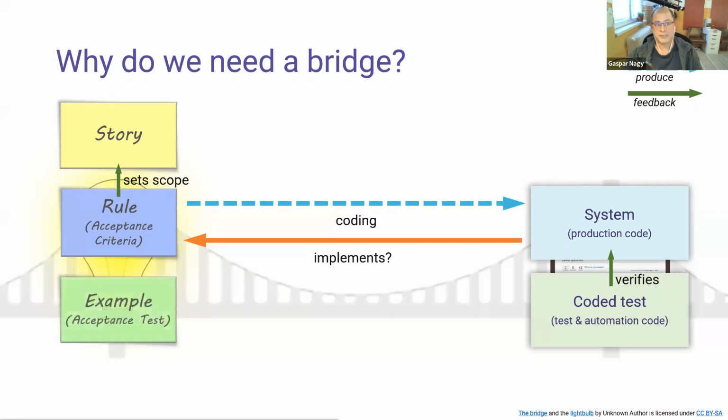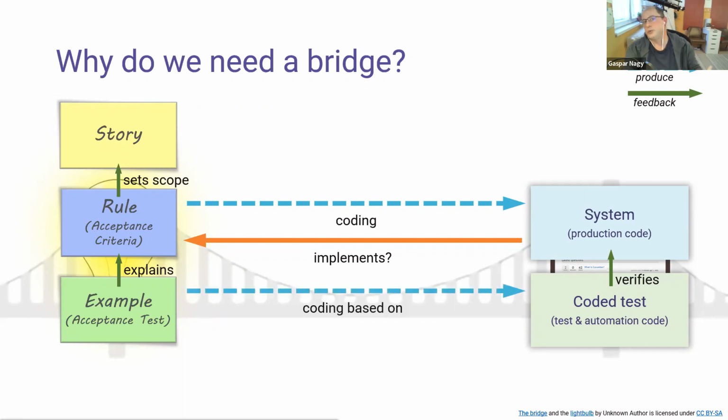On the other hand, we have seen that it's generally good practice to come up with examples to be able to have a better understanding of the rule, so that they are explaining the rule. As I said, this has happened already before BDD was existing. And if you are really coming up with examples up front, then you are in a much better situation, because when you would like to write your coded test, you wouldn't need to come up with a coded test from nothing, but you could take those examples and make the test based on that.